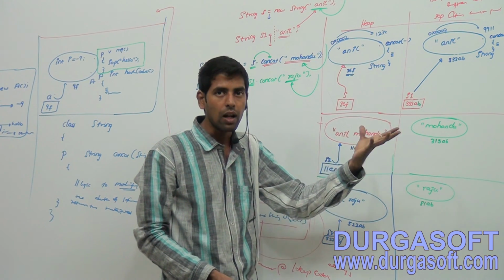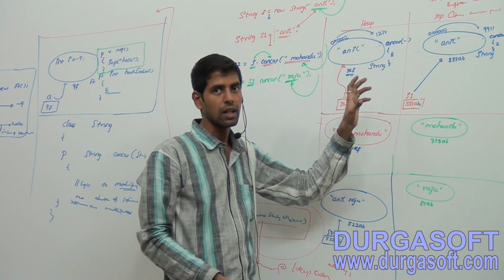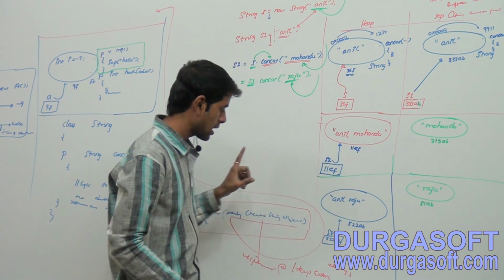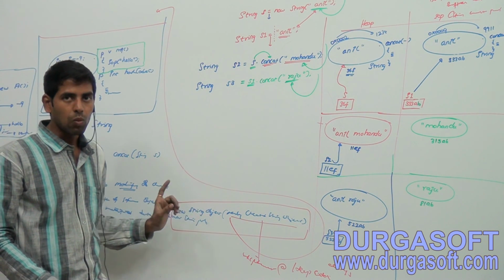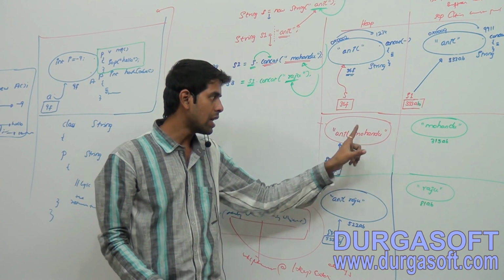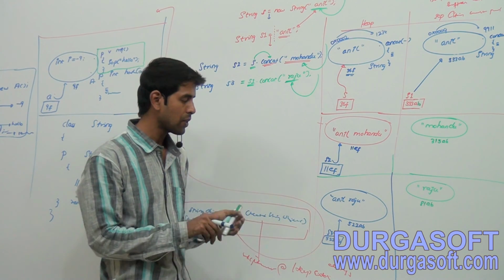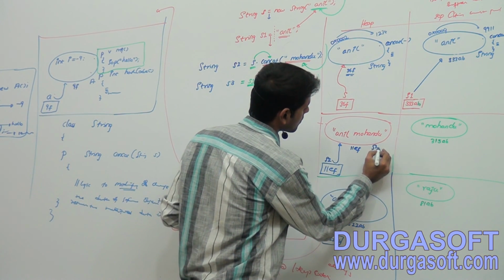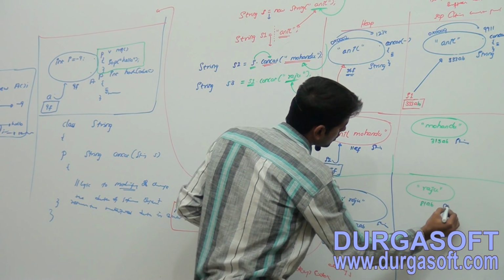Rather, the concatenate method is allowed to access the data, and it has the logic to put the modified data in a newly created object, which is always created at the heap area only, friends. All these are string objects.